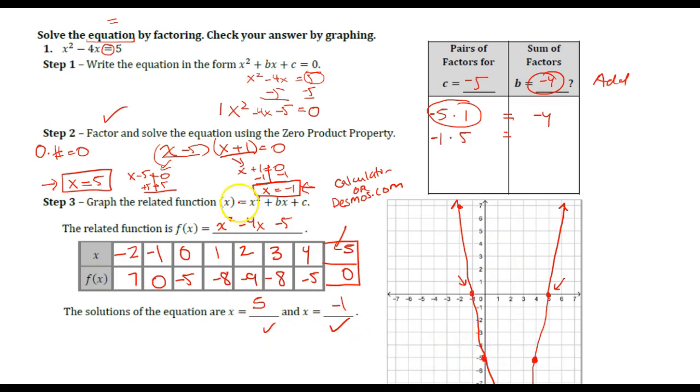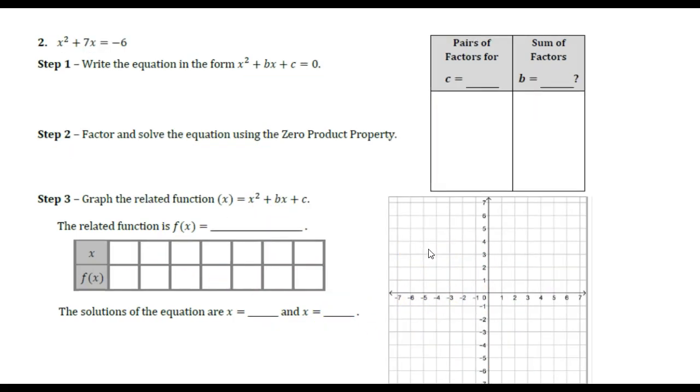So if I graph it, I can verify that yes, these will be my factors, x equals 5 and x equals -1. Now the reason you had to graph it was just to verify it. In fact, on the next one, I believe they're going to have us also factor and then graph to verify. You won't have to do this for every single one, but just so you can see that they do match.